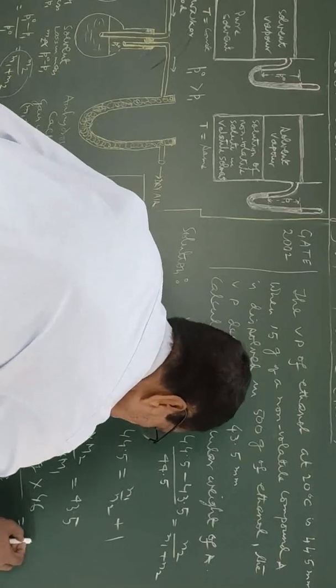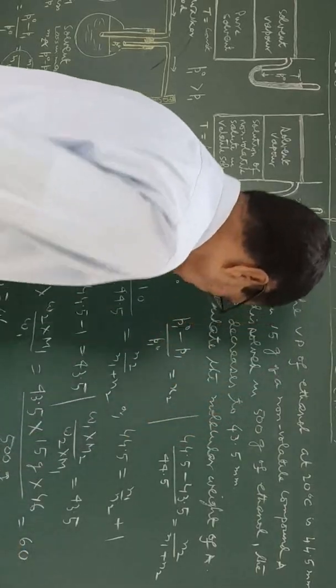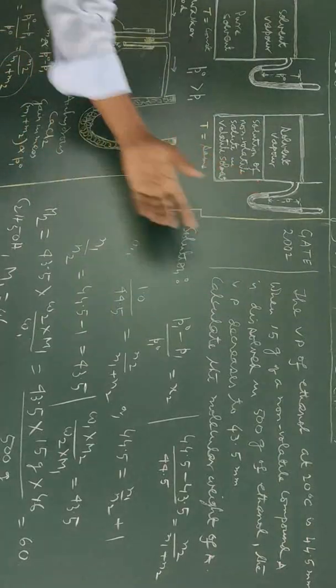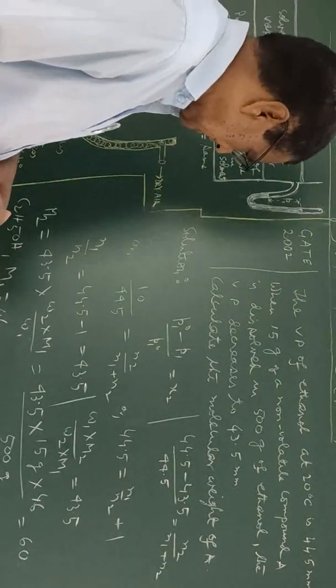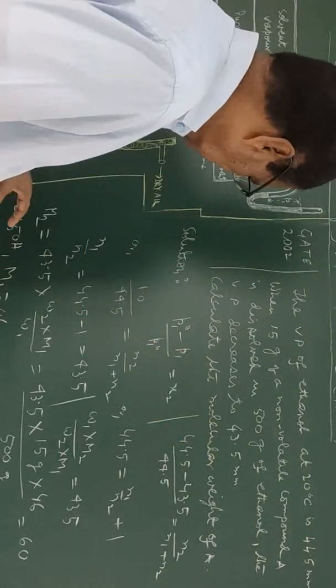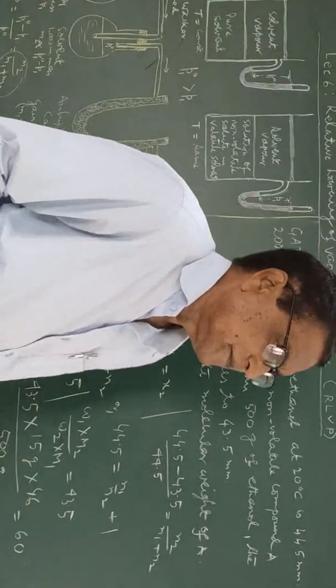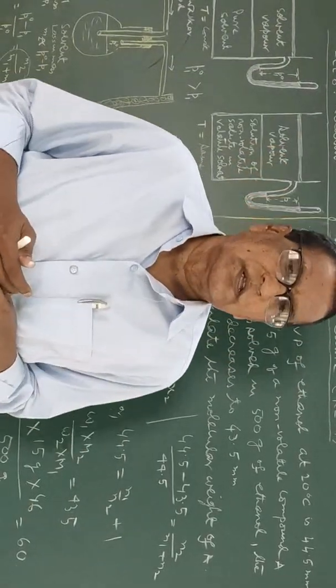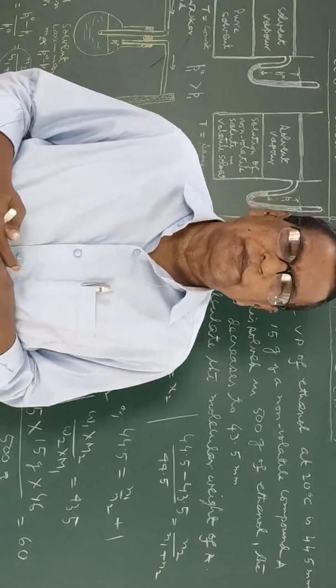So this will give you 60. So very easily this problem could be done, and the molecular weight of this solute A is found to be 60. This is all about the relative lowering of vapor pressure.